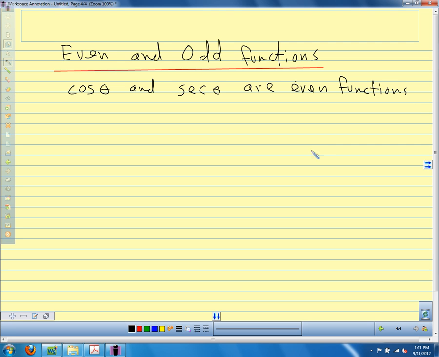Does anybody remember what we mean when we say an even function? It has to do with using negative x instead of x. Let me give you a hint. y equals x squared is an even function.